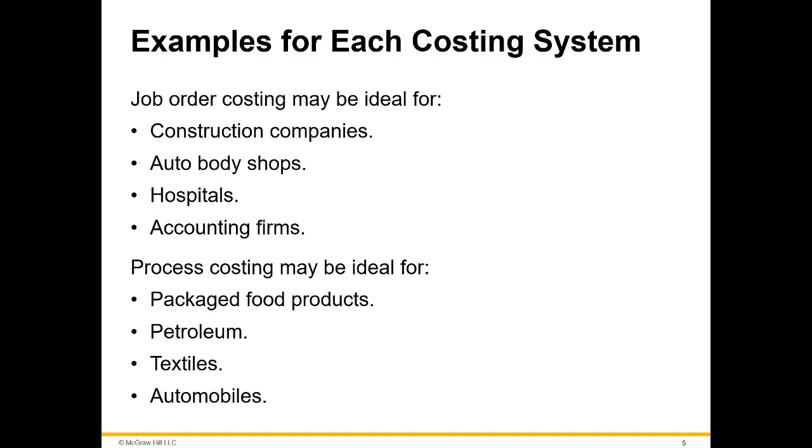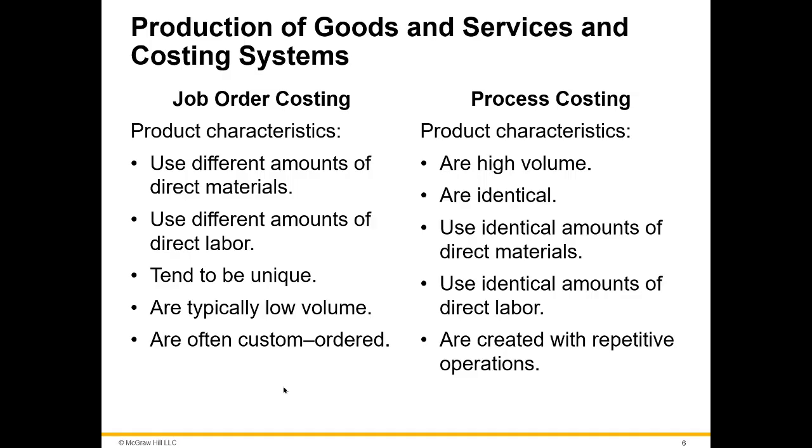Same thing with auto bodies, hospitals, surgeries, and even accounting firms. But process costing will be ideal for packaged food products. Any gallon of oil or barrel of petroleum will be essentially identical to any other. Same with textiles, and even automobiles might make sense to use process costing systems.